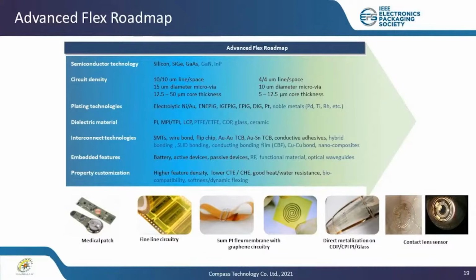To further improve the performance, more dielectric materials such as fluoropolymer for high speed and high frequency, as well as flexible glass and ceramic for more unique applications, are coming. As more and more die have to be interconnected with the flexible circuit, advanced interconnect materials such as nanocomposite are also on the roadmap. Besides silicon and battery, more functionality can also be integrated, such as antenna and waveguide.